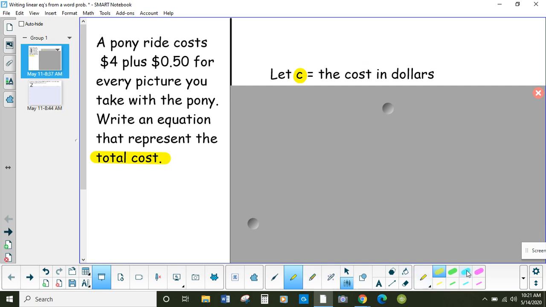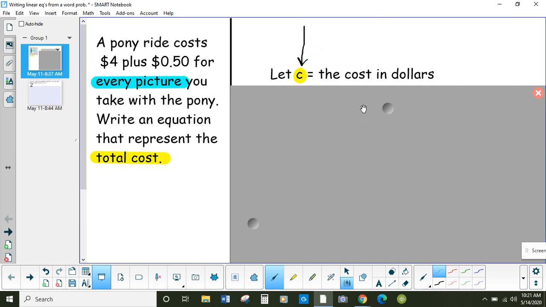Now, what's the other thing that's missing though? What's the other thing we don't know? We know it's $4 per ride. We know it's 50 cents every picture, but what we don't know is how many pictures someone will take. And the cost will vary, which is why we use a variable, because the cost isn't always the same, right? How much will you pay? Well, it depends. How many pictures do you take?